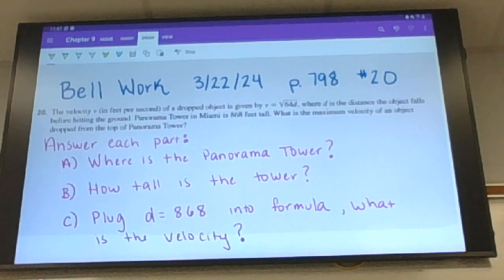Okay, so in elementary school, though, right, I knew that somewhere. Alright, so I'm gonna show a little video of this tower in Miami. We're on page 798. We're doing number 20. It's about Miami. I will be taking care of my family as mothers do.